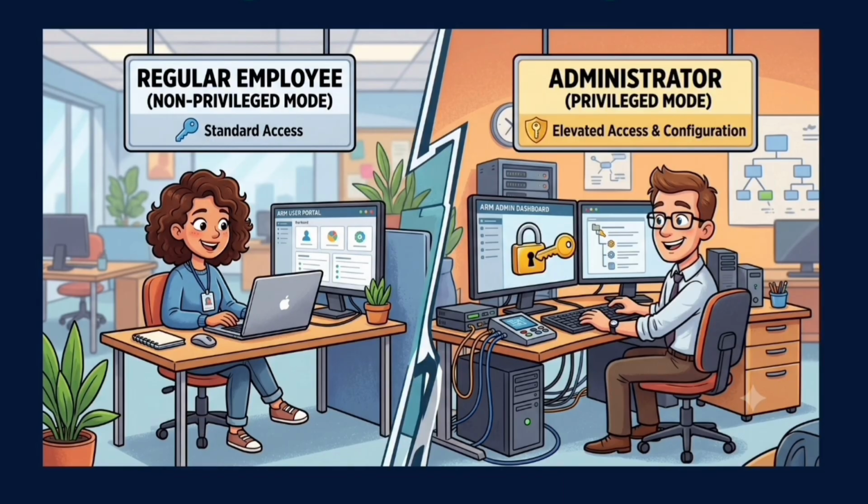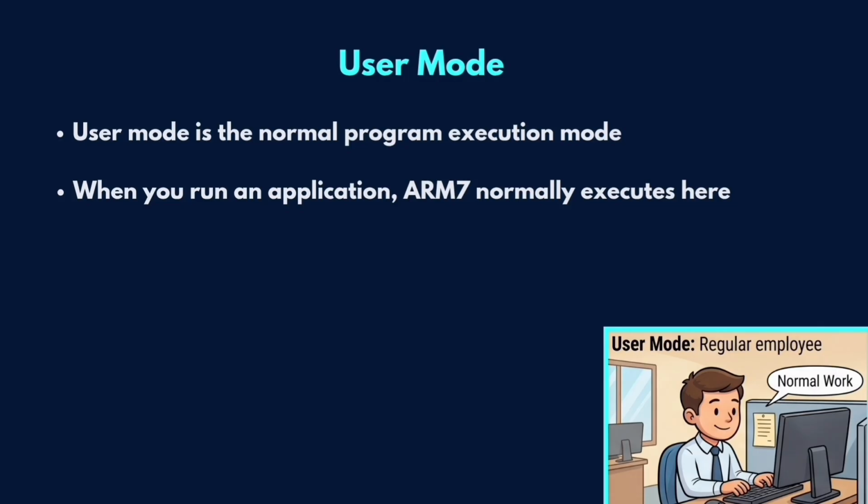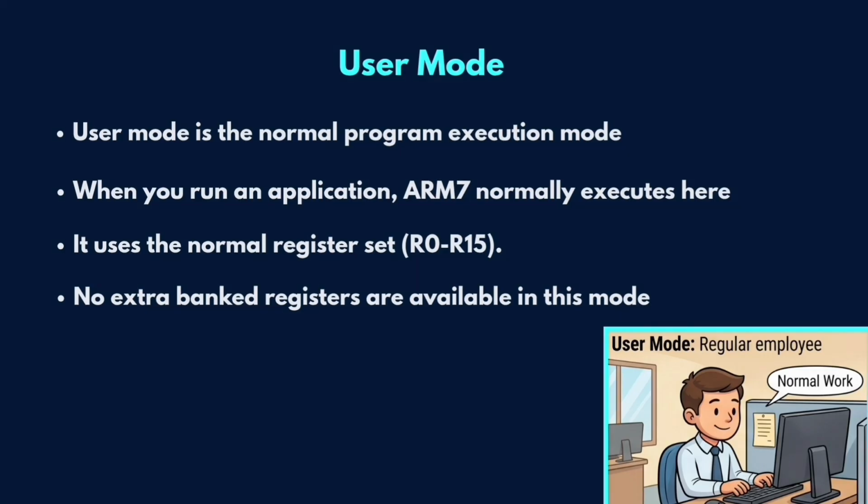Now let us understand each ARM processor mode in detail. First of all, we have the user mode. User mode is the normal program execution mode. When you run an application, ARM7 normally executes here. It uses the normal register set. No extra banked registers are available in this mode.